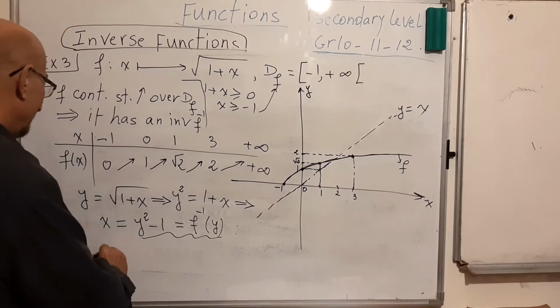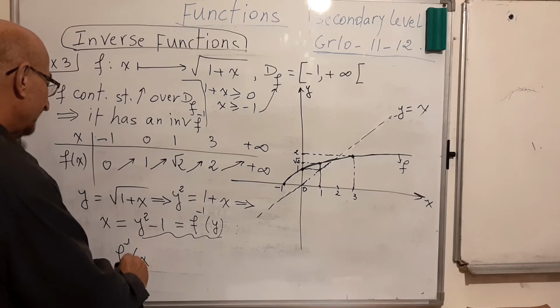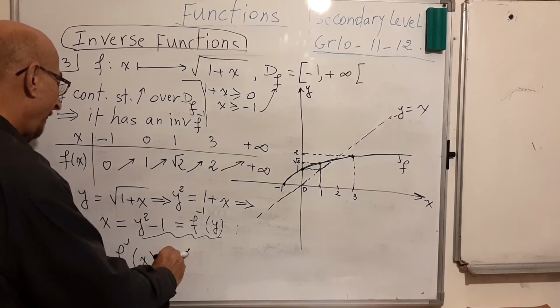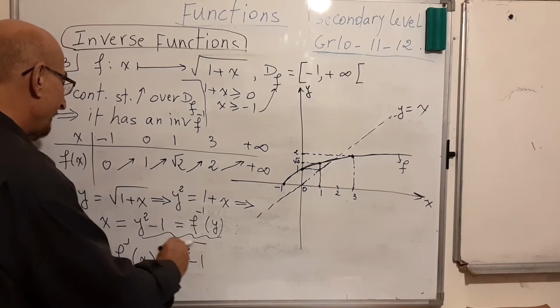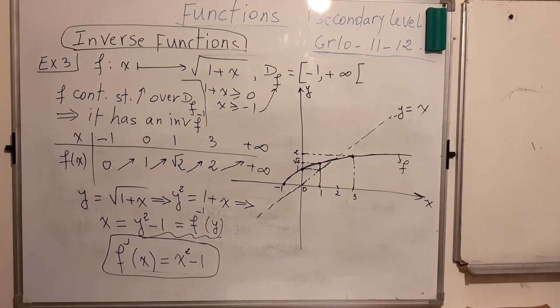Therefore, f minus 1 of x is x squared minus 1.